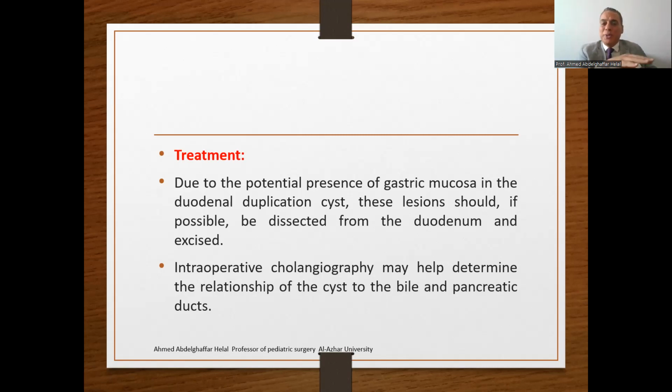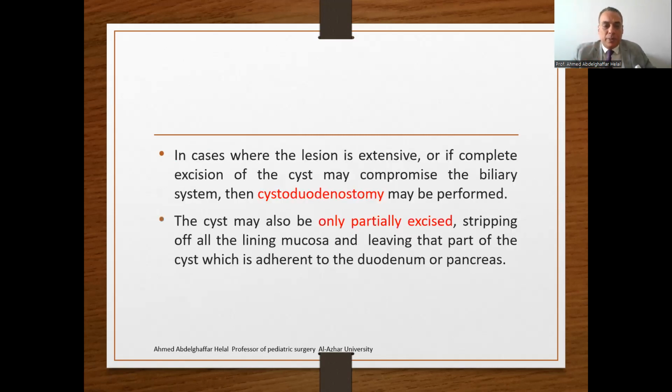If you need to perform ERCP or MRCP preoperatively, go and perform it, diagnose, plan your operative technique, and perform the surgery. It may be simple excision, or need internal drainage, or mucosal stripping and partial excision, so as not to leave the child with significant morbidity.